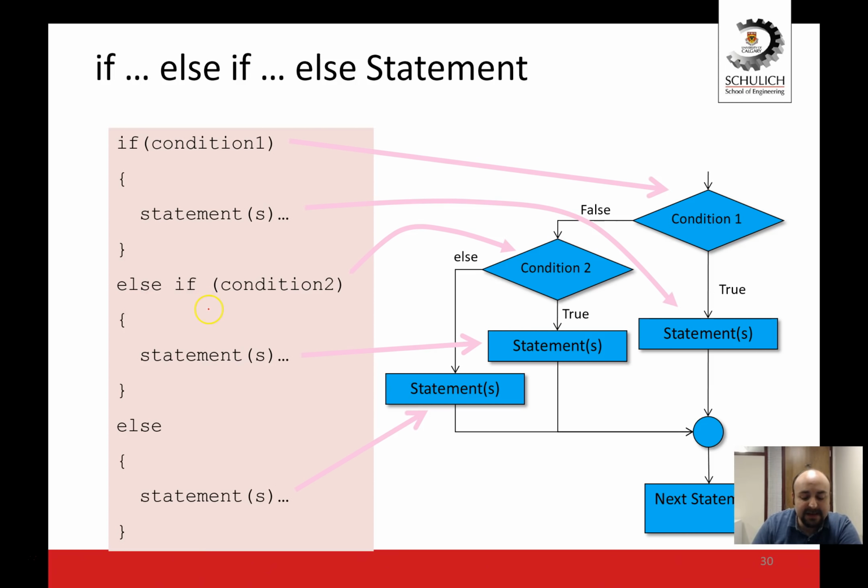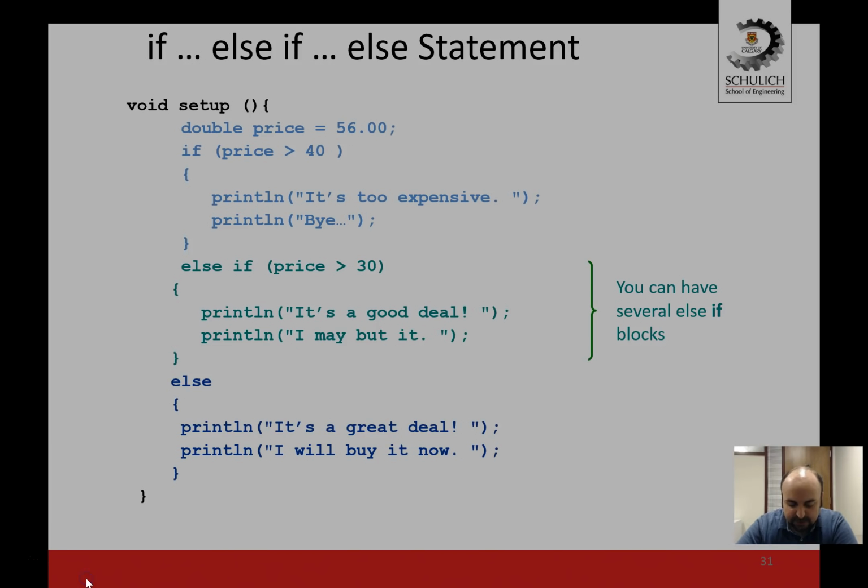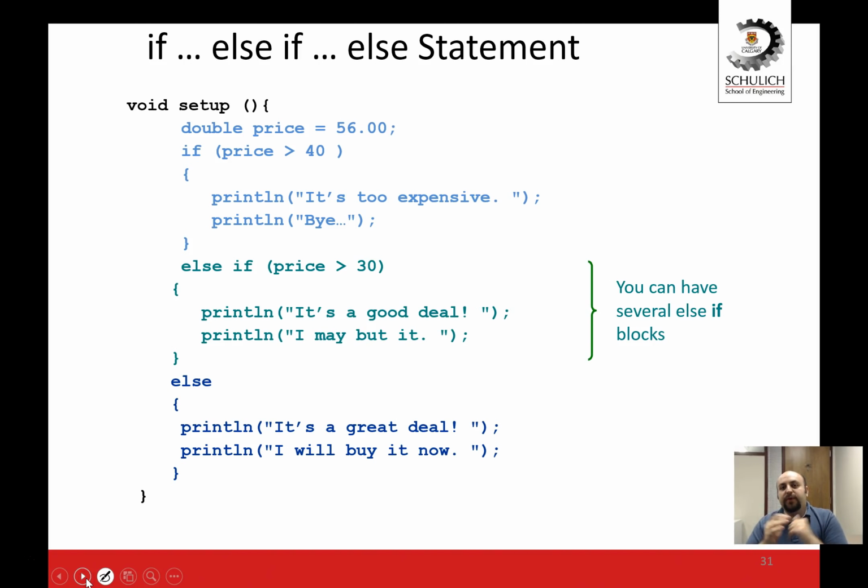Then you have else if. If the first condition is false, you're going to go to the second condition, and so on, and you have an else. You don't have to have an else at the end, so it's up to the problem, or up to you.